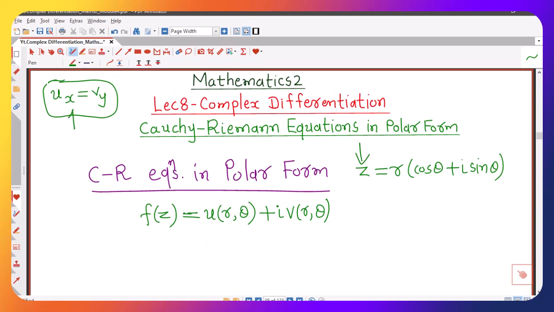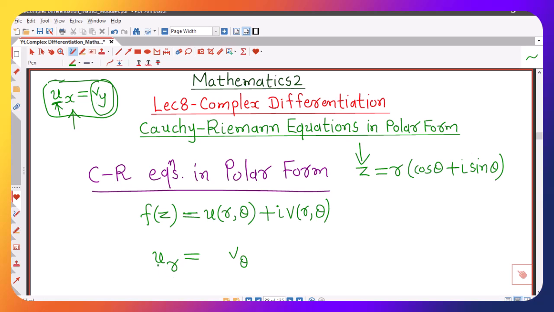Here in Cartesian form we have del u by del x equal to del v by del y. So here also, if I am writing the partial derivative with respect to r, here I will write the partial derivative with respect to theta, but with this, instead of u we will have v. If I am writing partial derivative with respect to x of u, here I am writing partial derivative of v with respect to y. Same thing here.